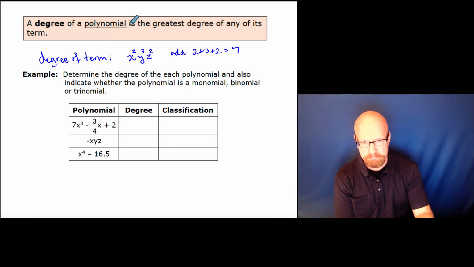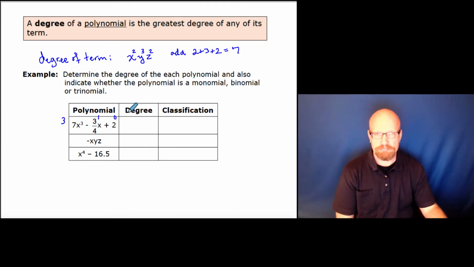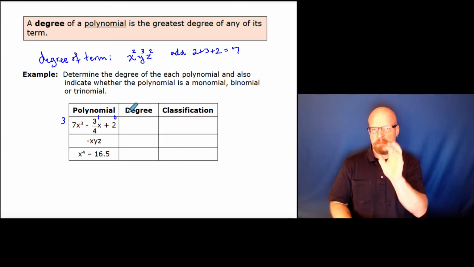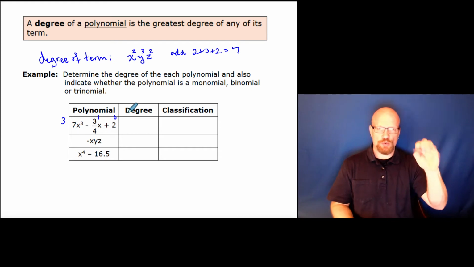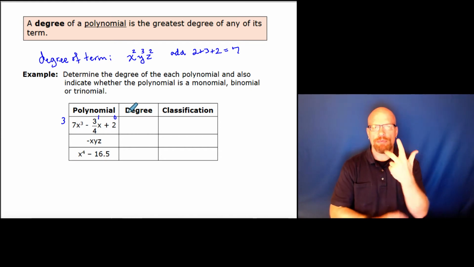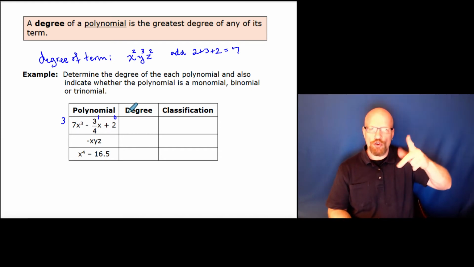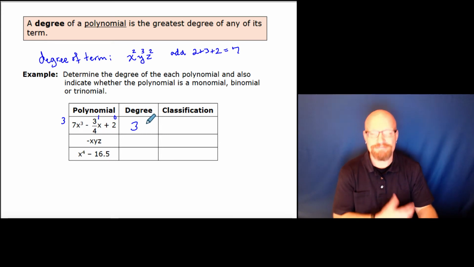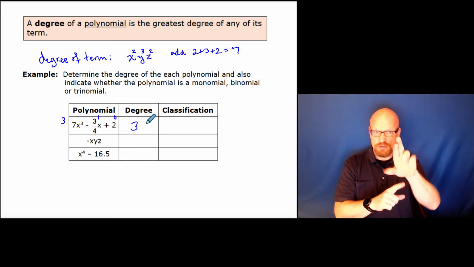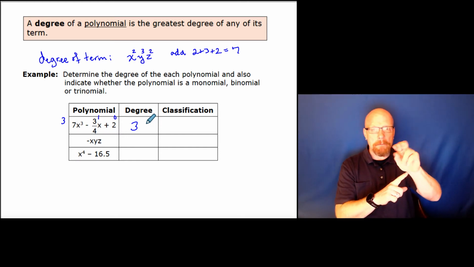For example, those are the degrees of each term: 3rd degree, 1st degree, and 0 degree. The top one is the 3rd degree, the highest degree. So the polynomial is a 3rd degree polynomial.